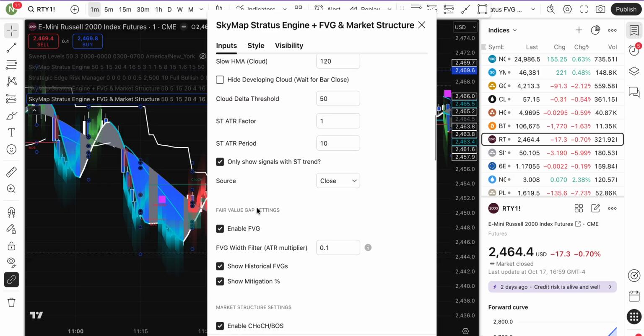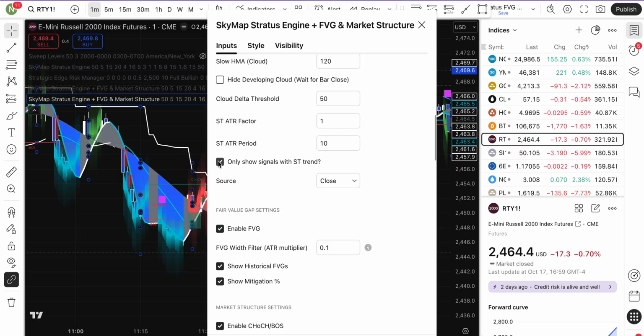Only shows signals with super trend. You can turn that off and get a ton of signals. I don't recommend it. This is in essence making sure that the bonus signals that plot on your chart are always in alignment with the current structure of price.